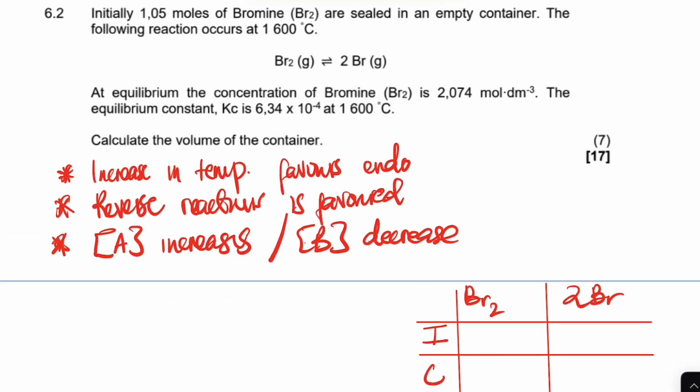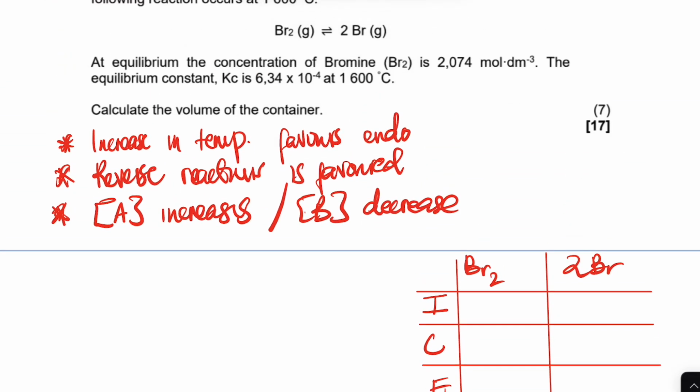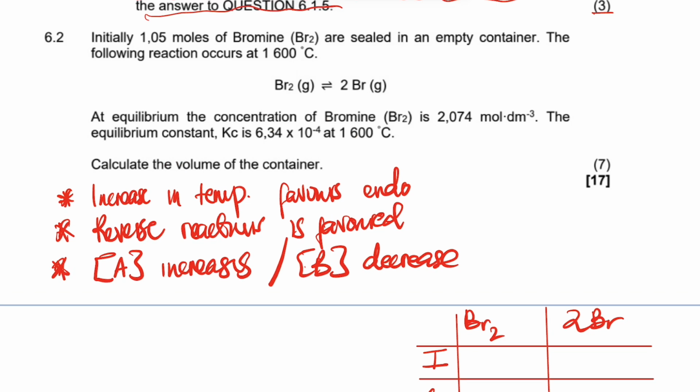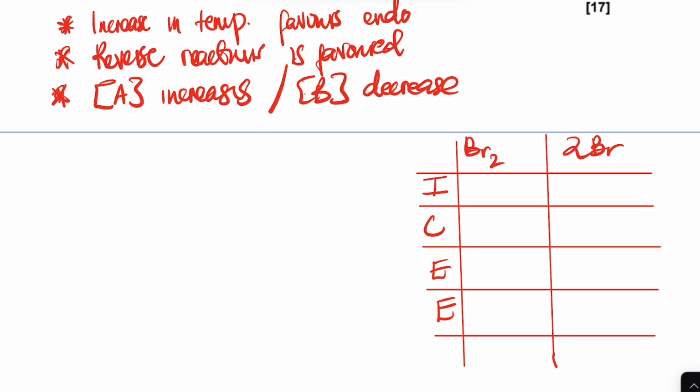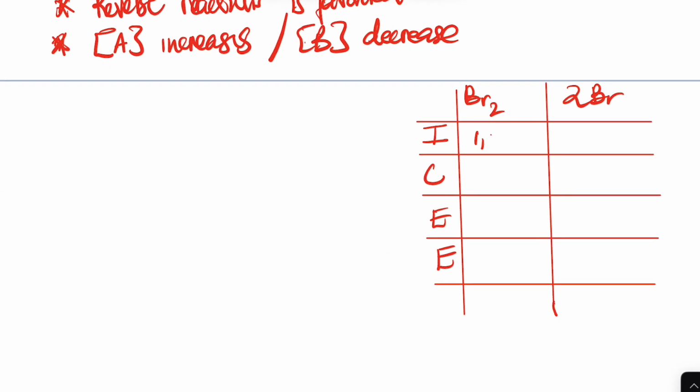So what we can do here is make use of the table and the Kc. Let's insert what we have. We have 1.05 mole for bromine gas, that's the initial 1.05. And for the bromine, we have nothing there.